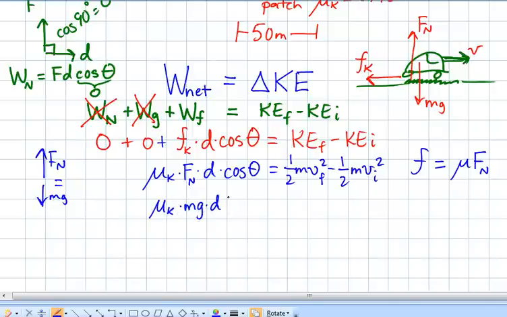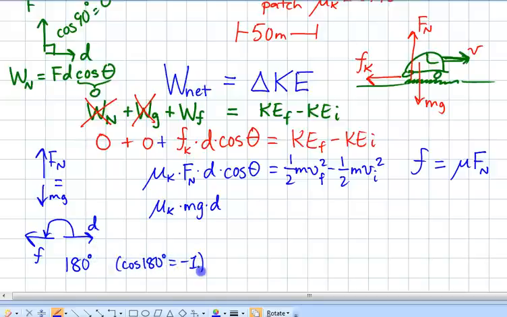Then we have to think about the angle between the force of friction and its displacement. So most of the time friction is going to do negative work, and the reason is that as the car is chugging along to the right, friction is going to be to the left, and that angle is 180 degrees, and the cosine of 180 degrees is -1.